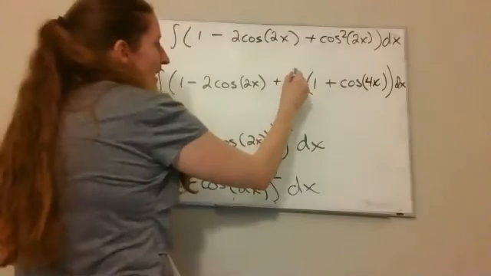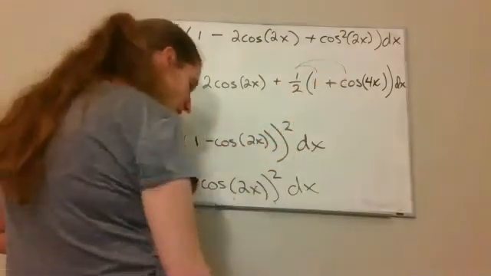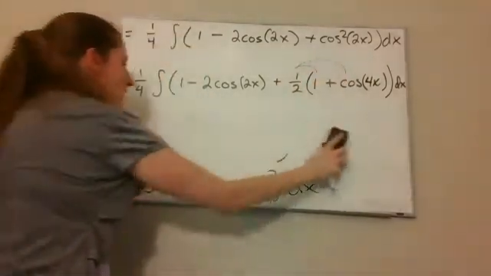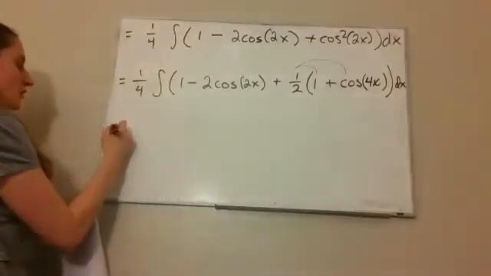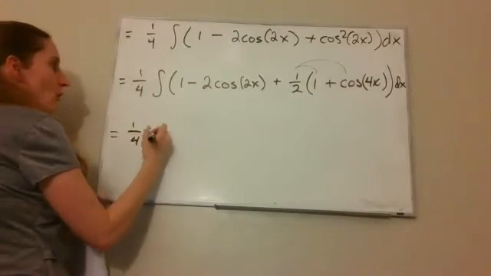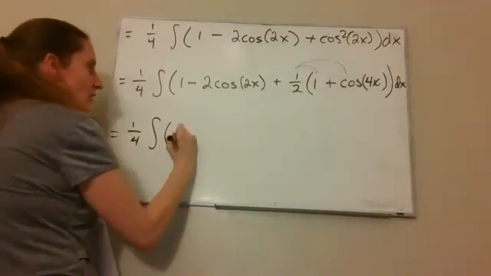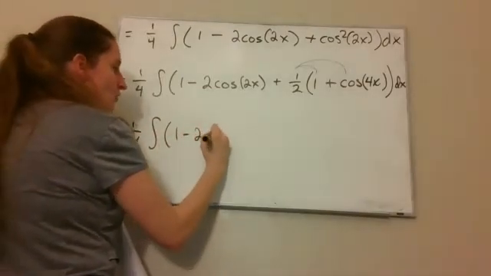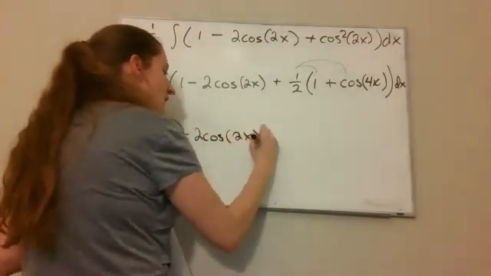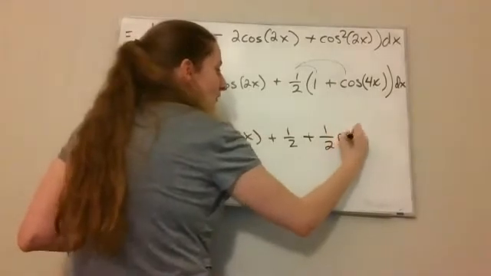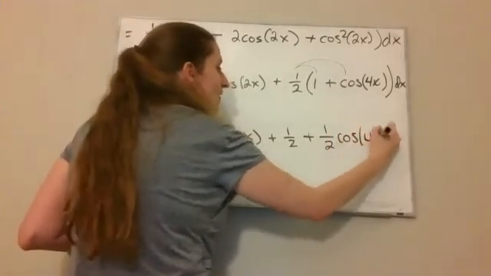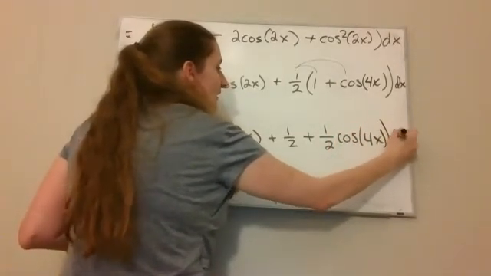Now I would go ahead and distribute that 1/2. And so now my integral is equal to 1/4 times the integral, 1 minus 2 cosine of 2x, plus 1/2, plus 1/2 cosine of 4x, dx.